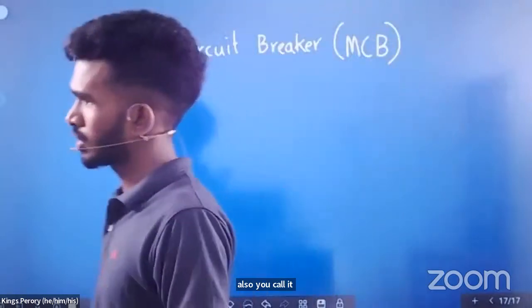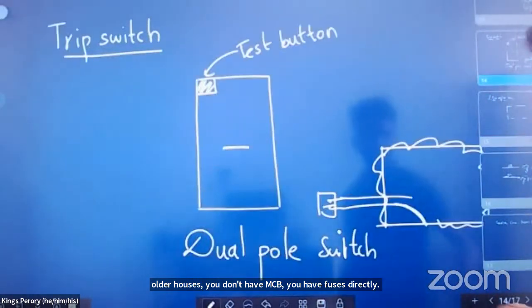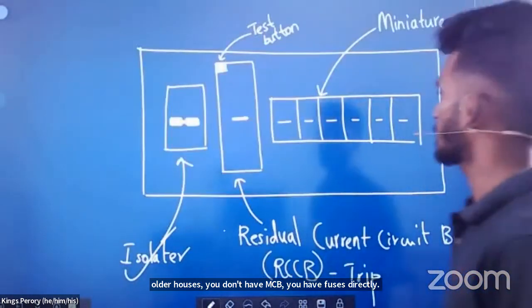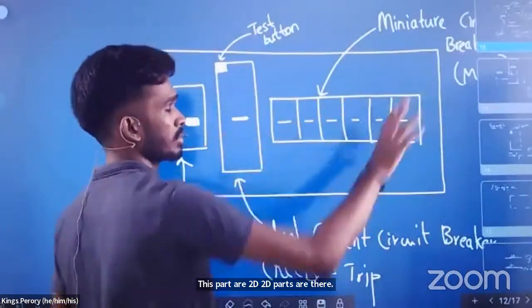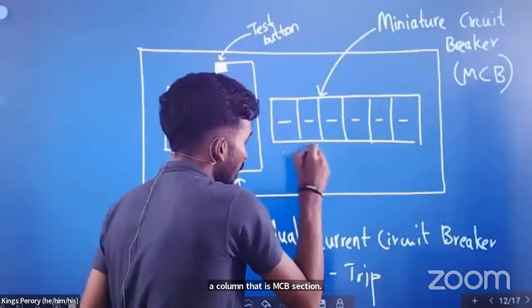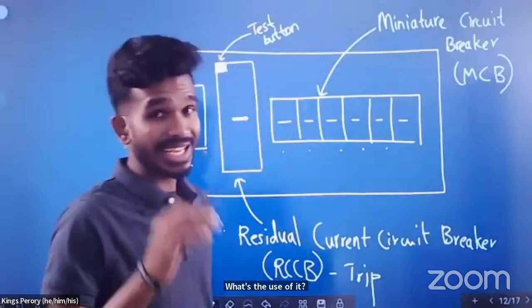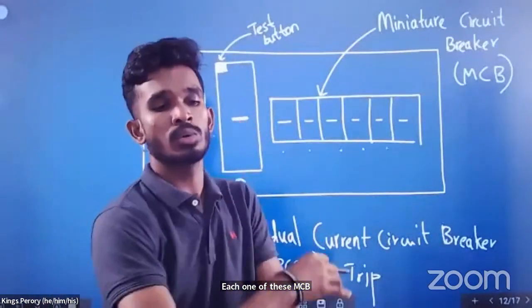In olden houses, you don't have MCB, you have fuses directly. Now, what does this miniature circuit breaker mean? These small parts in a column are the MCB section. What's the use of it? Each one of these MCBs controls each place in your house.